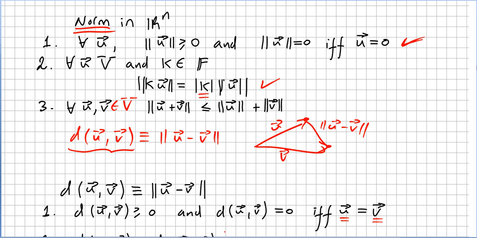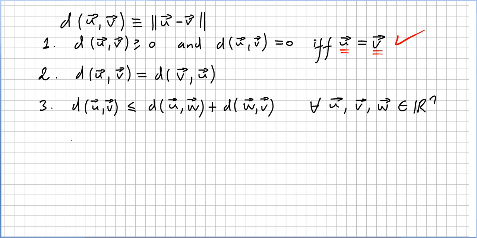And that's the case here. But how can the vector u minus v be 0? Only if u is equal to v. So this one is proved using simply the first property of norms.